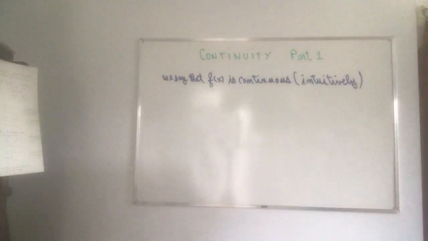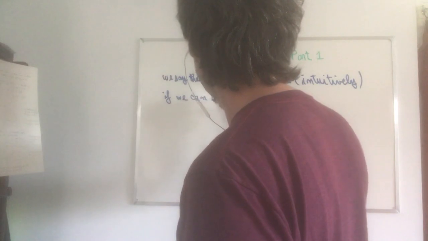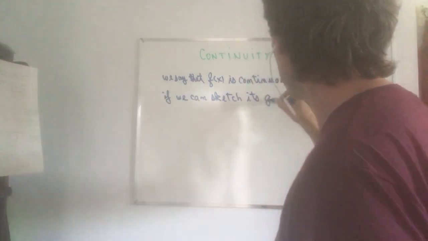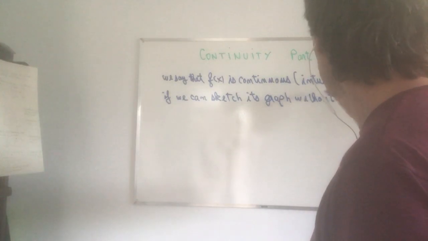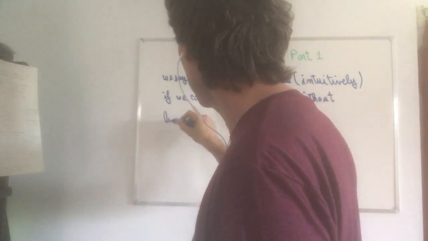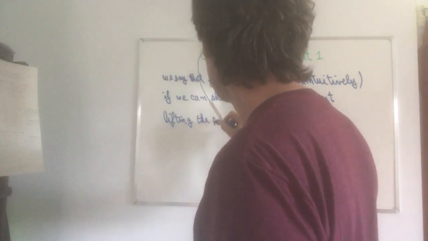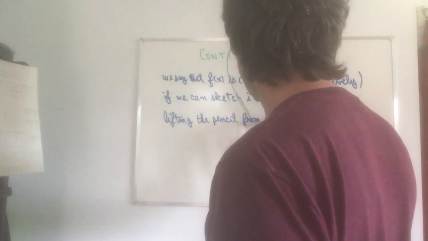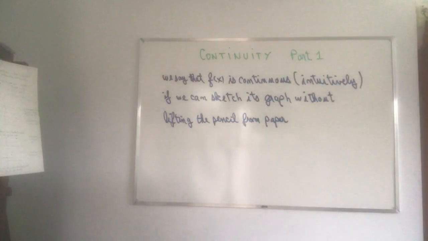So f of x is continuous intuitively if we can sketch its graph without lifting the marker from the whiteboard. That is, for you, without lifting the pencil from, well, we're just going to say paper, but we could mean tablet, we could mean anything that you can actually write on.